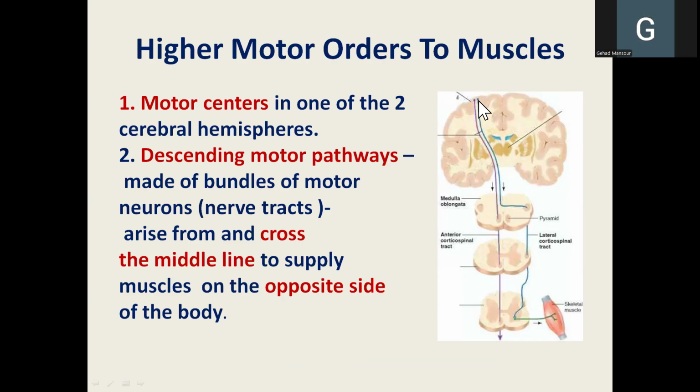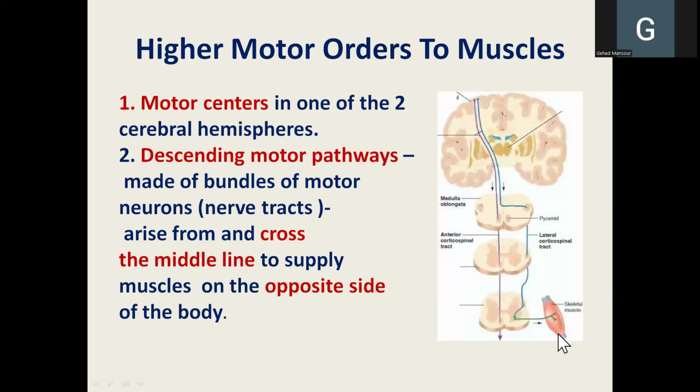So if the motor neuron is injured here in the brain center, or if it is injured above the decussation, then the muscle that will be affected and paralyzed will be on the contralateral side, the opposite side. So if you have a brain stroke on the right cerebral hemisphere, then there will be hemiplegia, because all the skeletal muscles on the opposite side of the body will be affected.